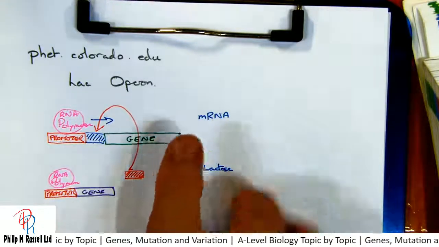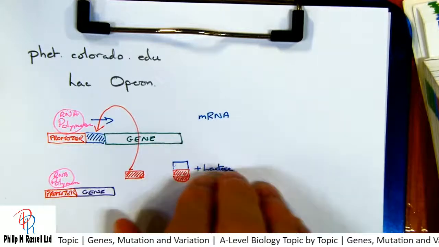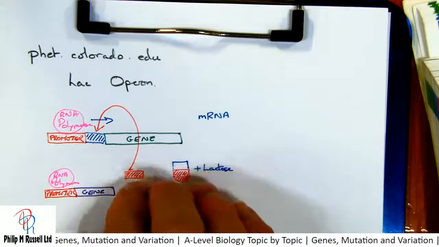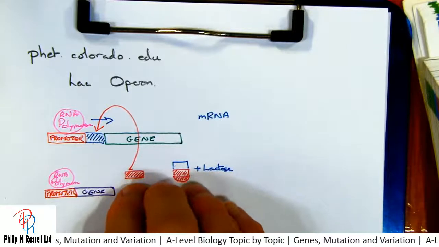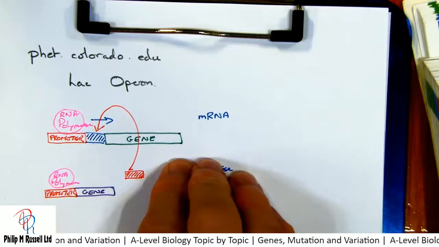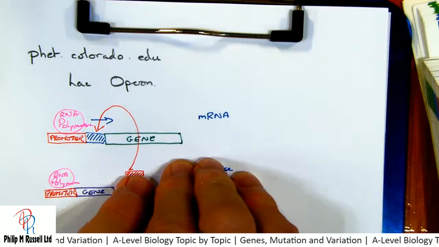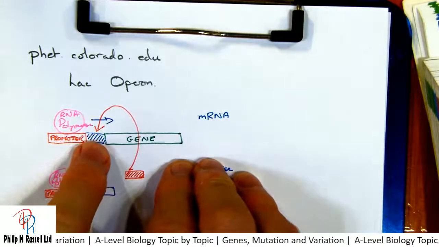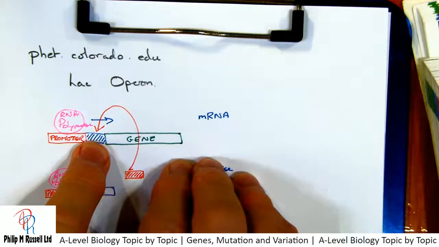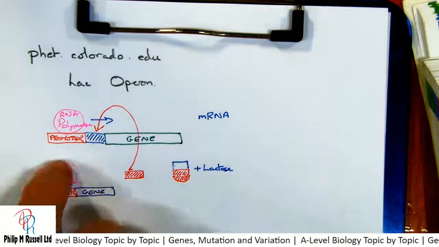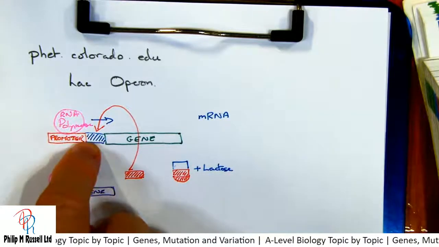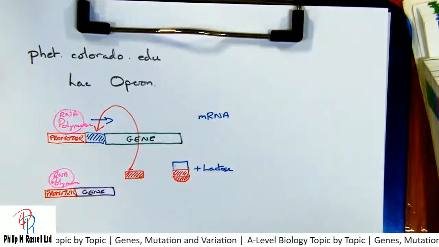And then, with no lactose, the lactose can't bind to this inhibitor protein, so it doesn't bind, so this is now in existence, so this can now bind to this site on the lactose gene, and when it does so, the RNA polymerase is blocked, so it's not made anymore.